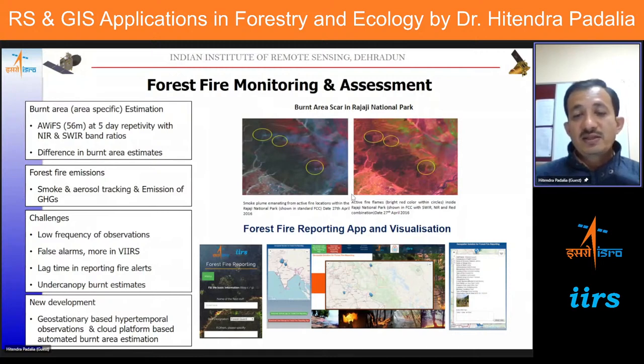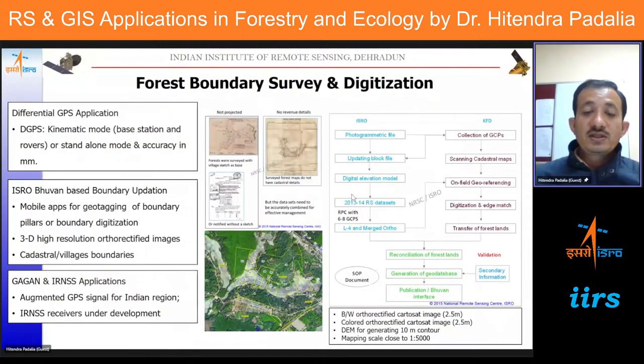Apart from that, there are other geoinformatic applications, such as preparing apps for forest fire reporting by forest guards or forest officials, being done using geospatial web-based technology. One of the major problems for a country like ours is that we have a large population, and we have to protect our forest from illegal activities.